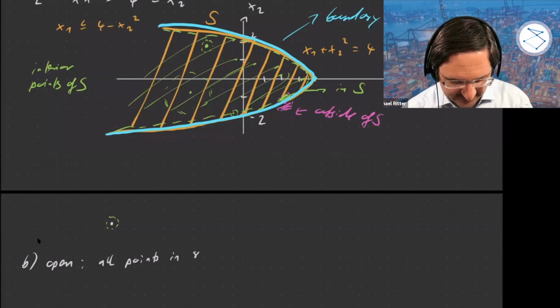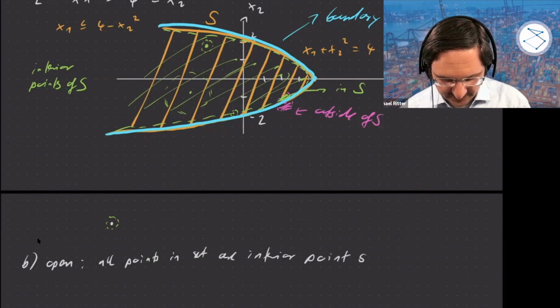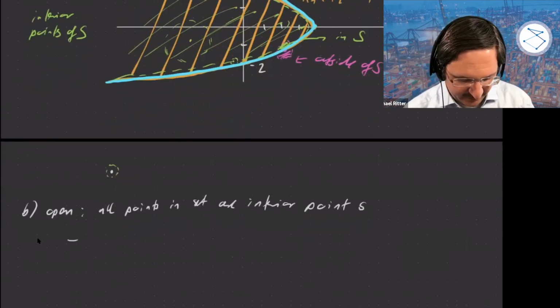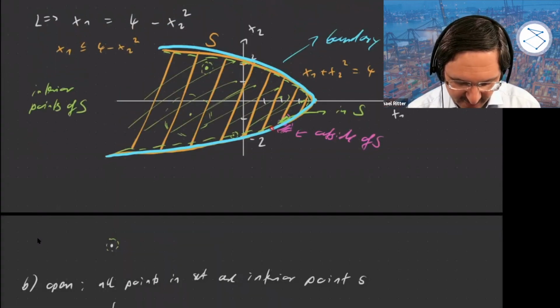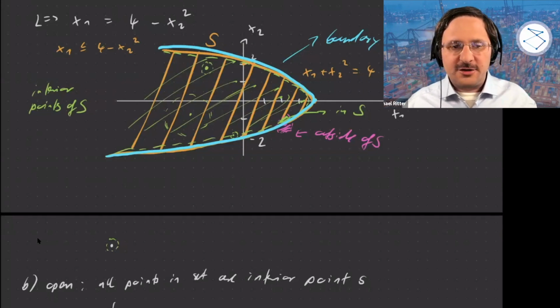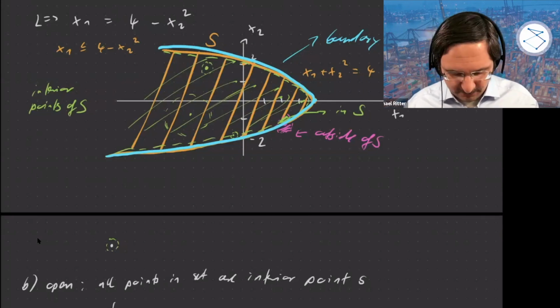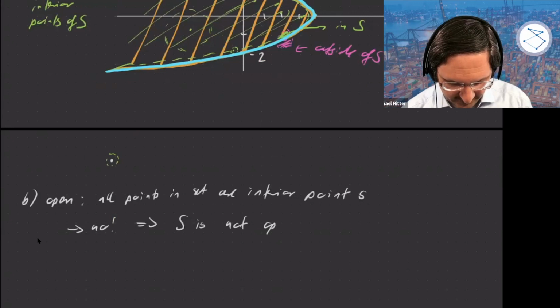All points in the set are interior points. That is not the case here, because all those boundary points on that line are not interior points, right? And they are contained in S by definition. So that's not open. S is not open.